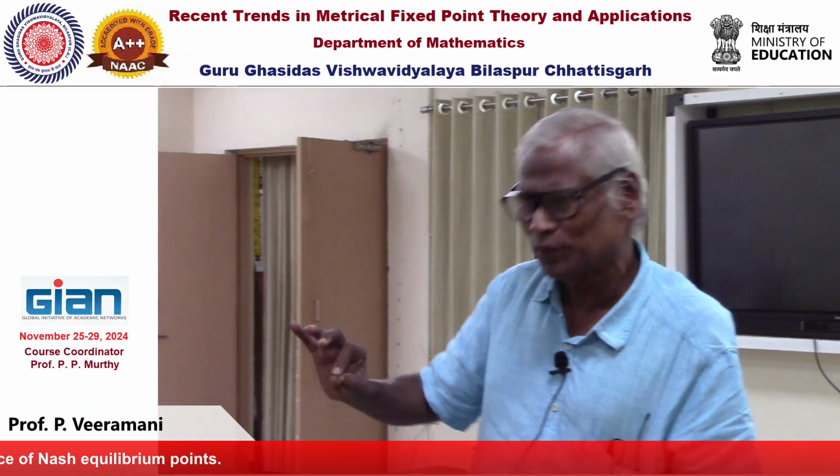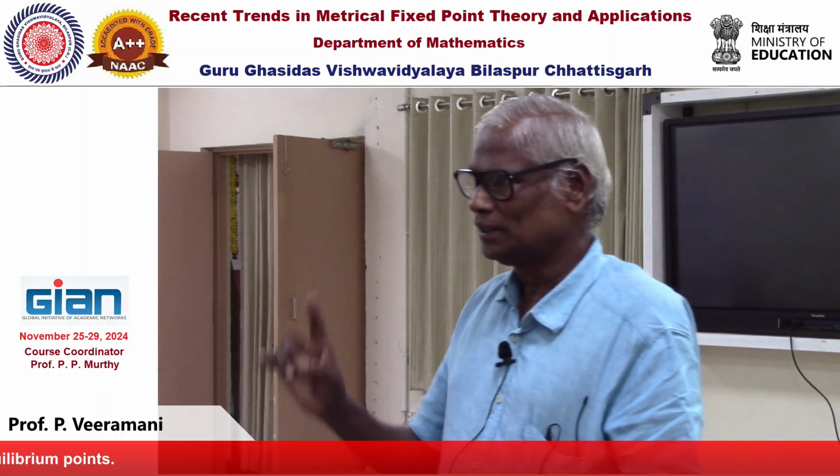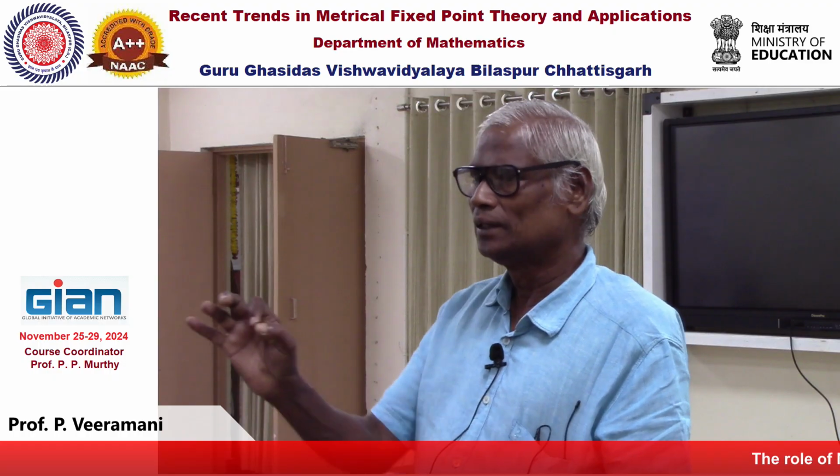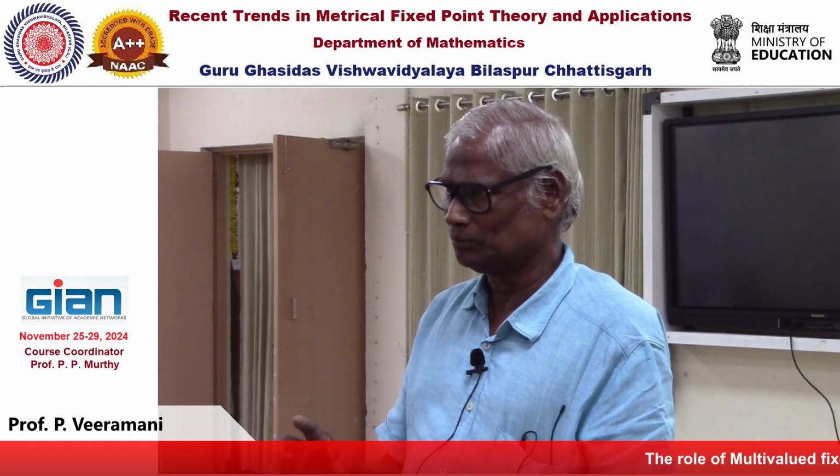For us right now, we don't worry about all the details. M subset of R, N subset of R means M cross N subset of R cross R.